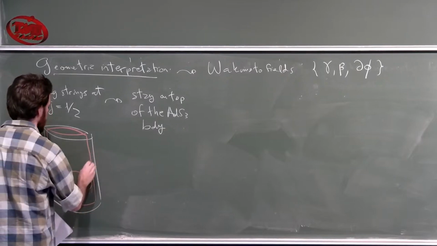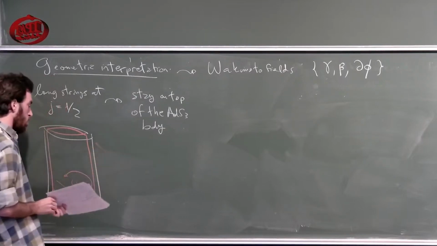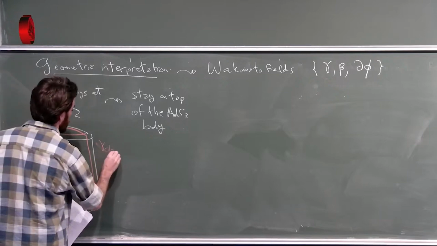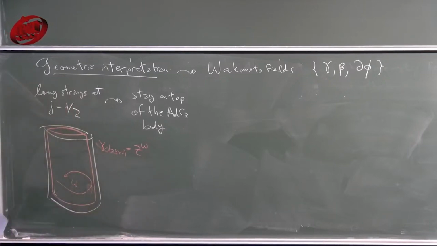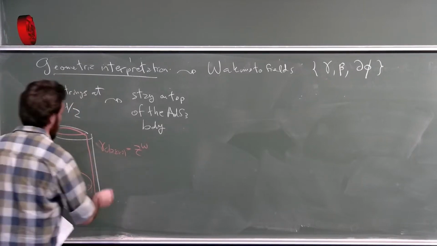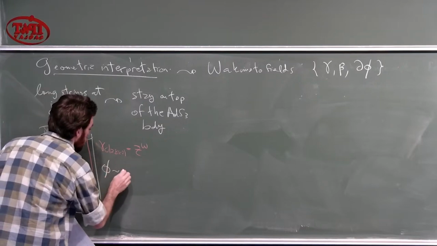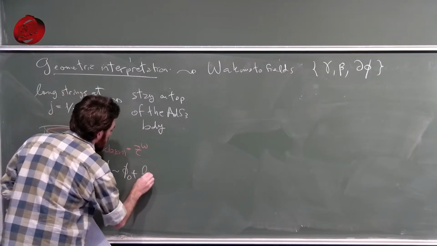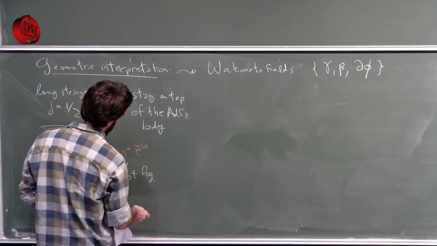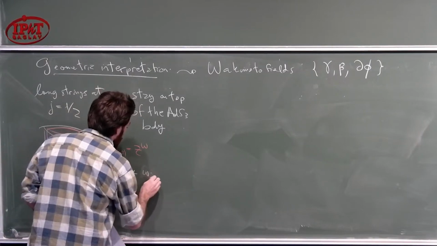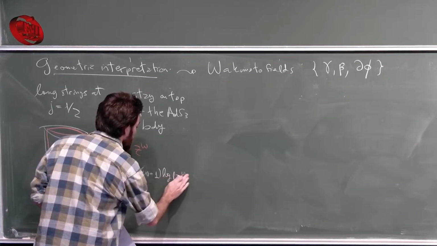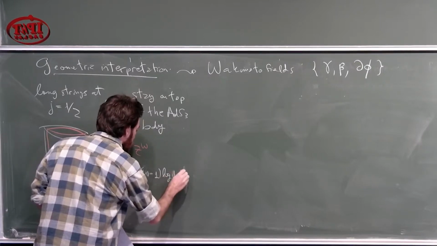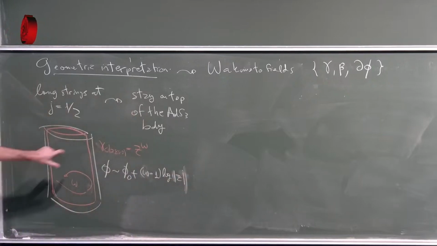And the classical solution in the Euclidean language was just z to the omega, for example. And phi was related to phi_0 plus the log of mod z. So this is the classical solution describing this configuration.